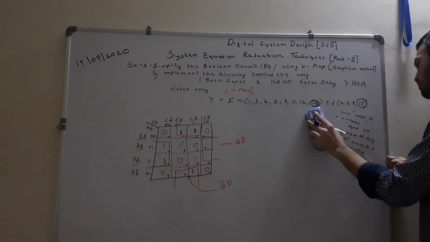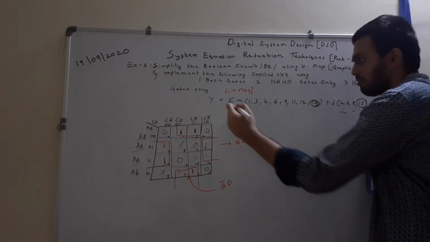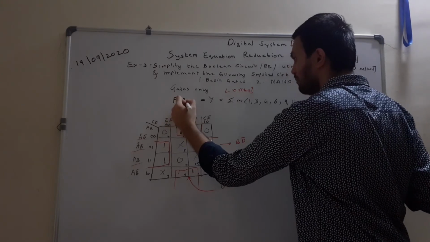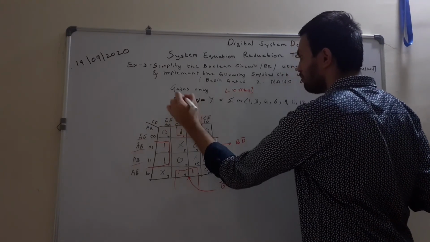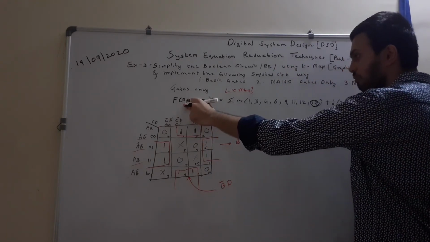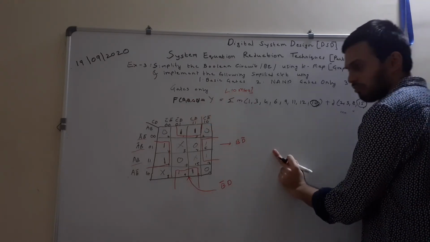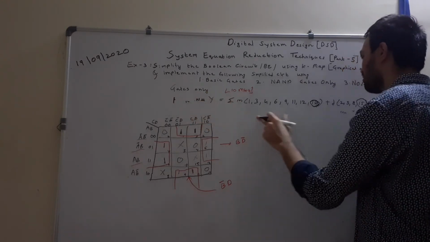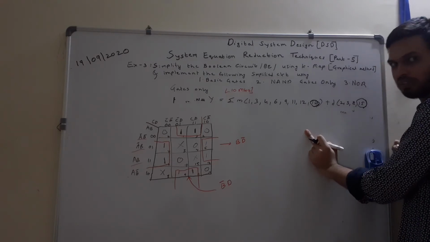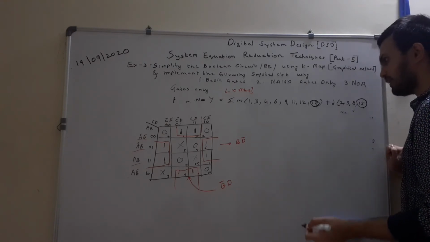In some cases you need not identify it, because whenever the equation is given in terms of a function, let's say Y is equal to a function of A, B, C, D, then by looking at the question you understand that the output is a function of 4 input variables A, B, C, D, so you use a 4 variable K-map. Whenever the function is not given, look at the min terms and their highest value, and then decide whether you are going to use a 2, 3, or 4 variable K-map. So understand this now.